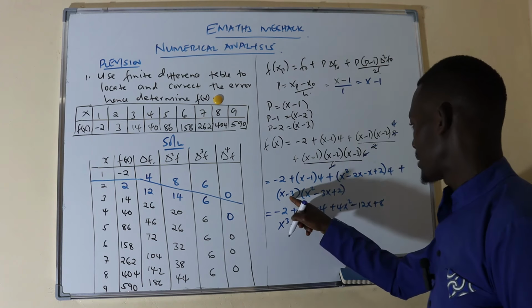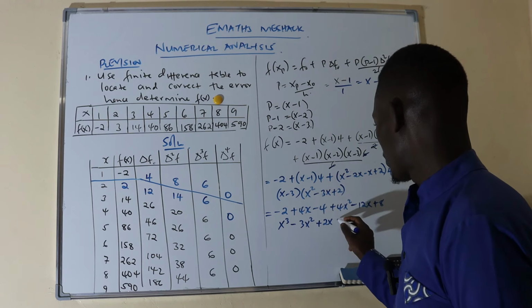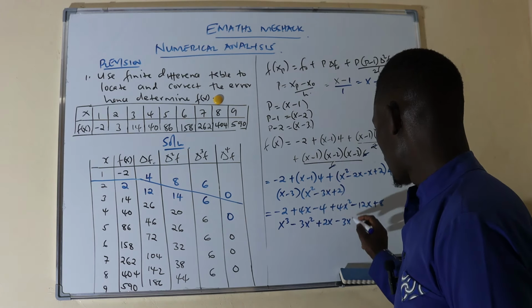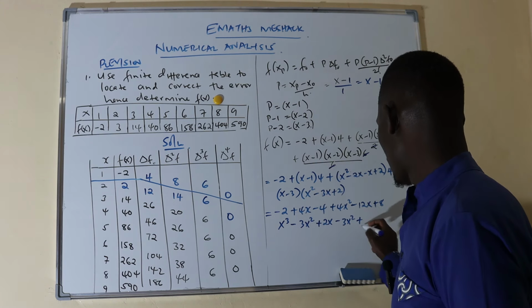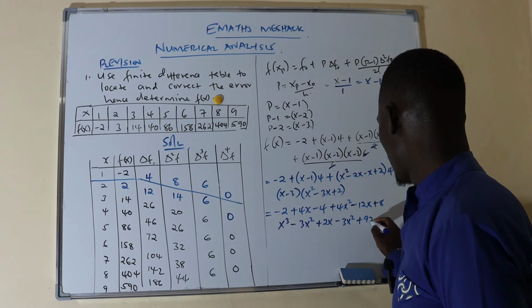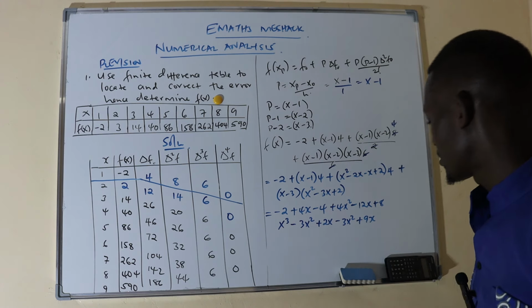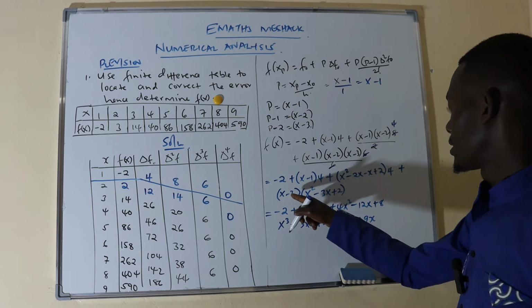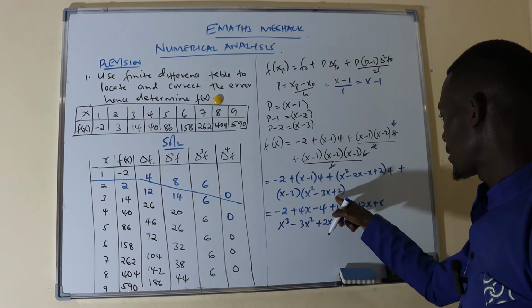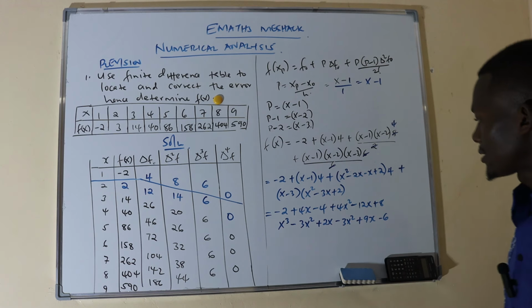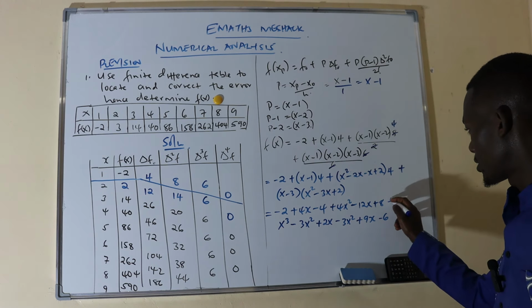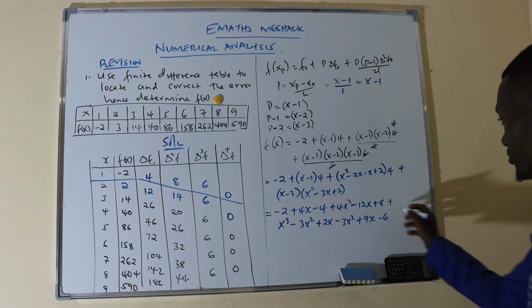Now come to the second term. 3 times x squared, negative 3x squared. Then negative 3 times negative 3x gives you positive 9x. Then negative 3 times positive 2 gives you negative 6. I can just put an addition sign here also.